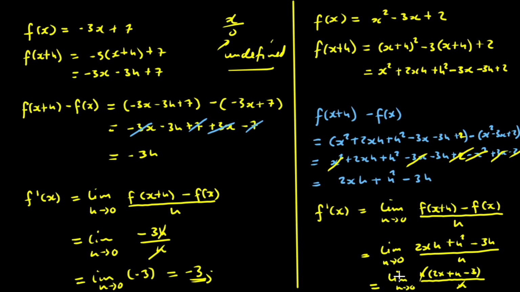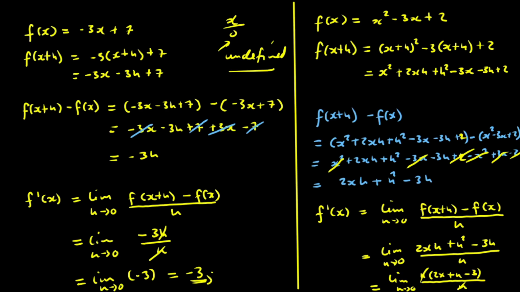And we are left with the limit as h goes to 0 of 2x plus h minus 3. The limit of this. So what are we going to do here?